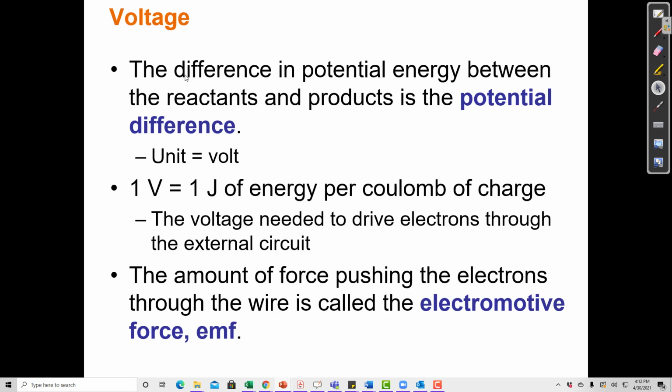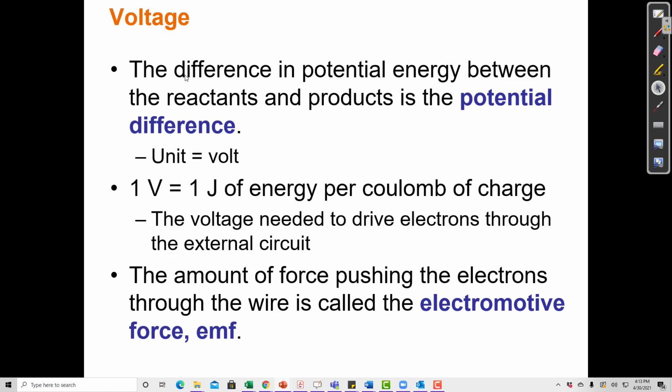So the voltage is kind of like how steep the pipe is pointed. If the pipe is flat, the voltage is 0. If the pipe is pointed downhill at a very steep angle, and the water will go down it very quickly, then we would say that the potential difference is very high. The voltage is very high. So voltage is like how steep is the pipe?